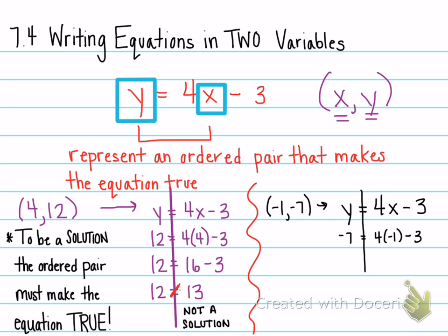So -7 equals 4 times -1 is -4, minus 3. Then I have -7 equals, and I'm looking at this, I have -4 and -3, which is -7. In this case, it's true. -7 does equal -7, so because of that, it is a solution. So -1, -7 is a solution.